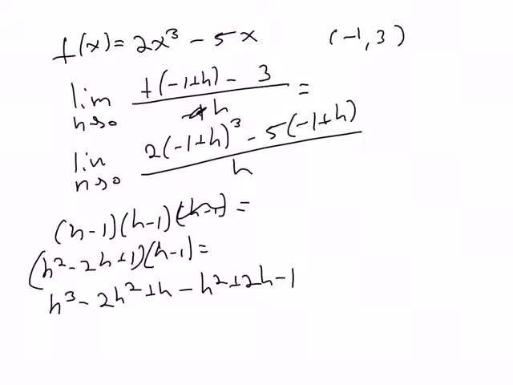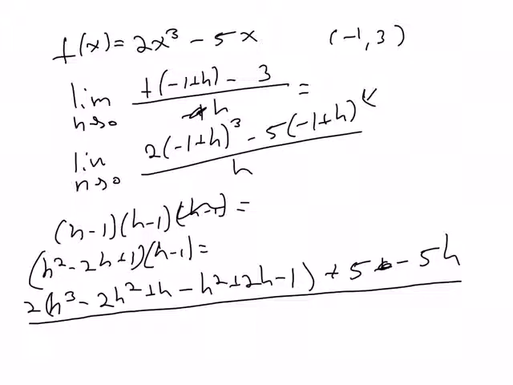Then we multiply all this by 2 and take minus this part, which is minus 1, which is plus 5, minus 5h. And we're going to divide all of this by h, and there should also be a negative 3 over here.